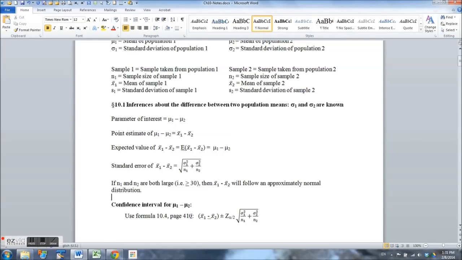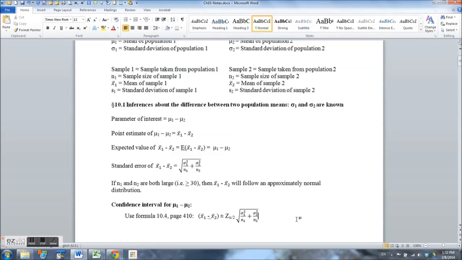Then the confidence interval is given by the point estimate x bar sub 1 minus x bar sub 2 plus or minus the z value from the normal distribution table for a given confidence level. For example, if it is 95% or 99% confidence level, using that we'll look up the z value from the table and multiply by the standard error. So this part is the margin of error and this is the point estimate. And from these two we get the lower limit and the upper limit for the confidence interval.